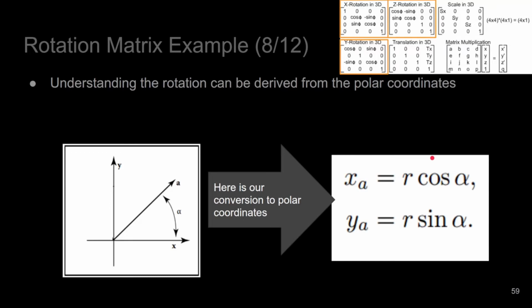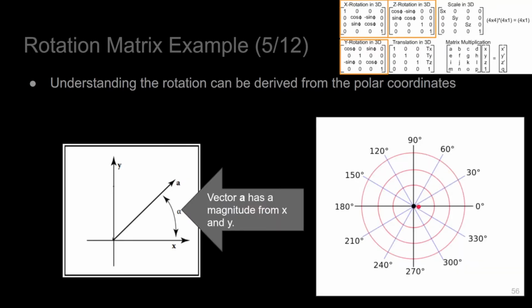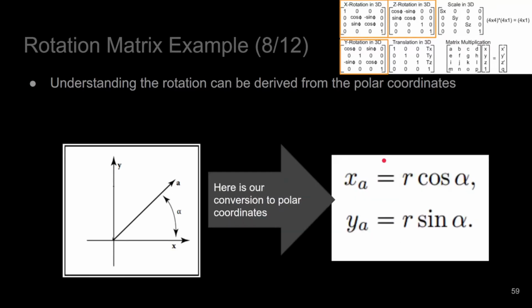And then here's our conversion to the polar coordinate system right here. So if we have some vector that's pointing here and we want to move that point or rotate it, well, we got to get things in polar coordinates. So the x and the y that we're going to be at is related to the radius, which is the length of our vector, and then the cosine of an angle.